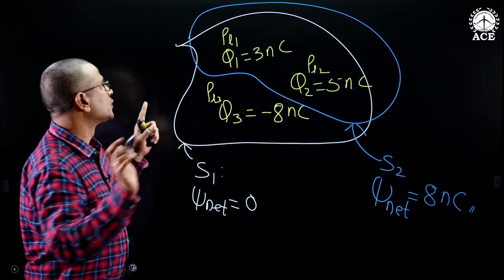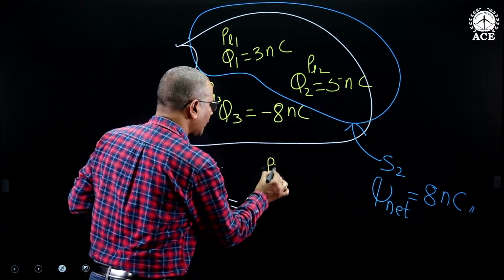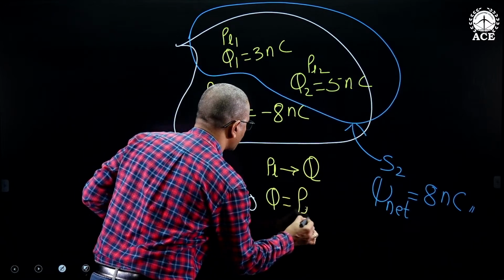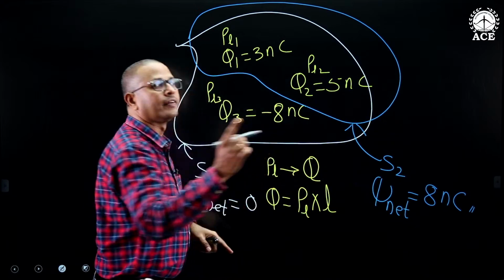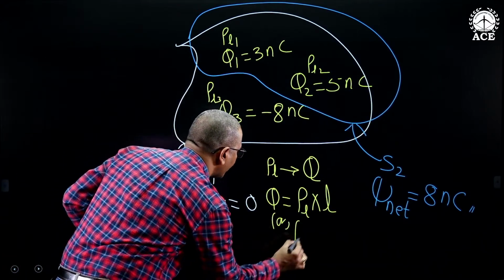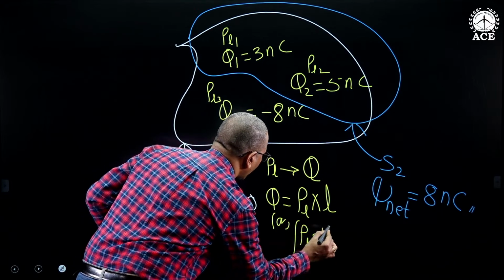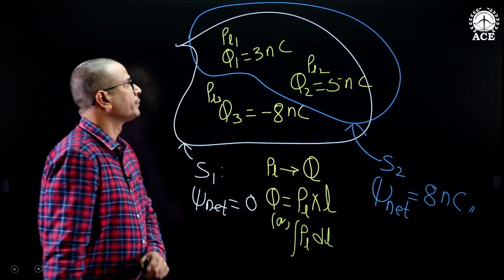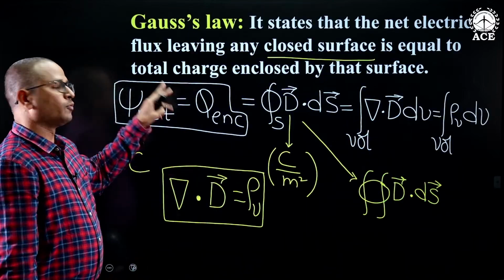So what you have to do is convert rho L into Q. We know that Q equals rho L into length if the charge configuration is uniform. If it is non-uniform, you can find it by taking the line integral of rho L dl. Remember this, dear students. So now, this is one model.